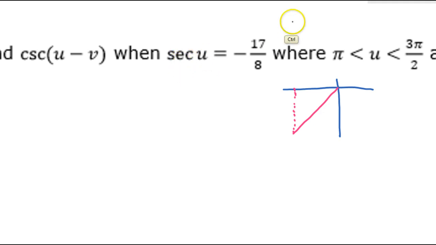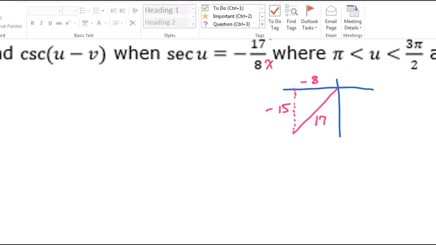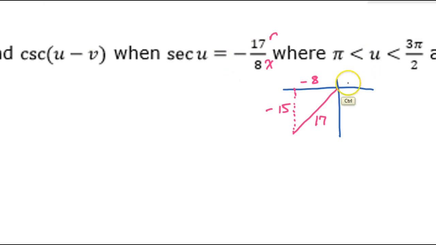And cosine is x over r. So that means that this is r over x. So that means the radius is 17, and this x value is negative 8. And I need the y value. A little Pythagorean theorem, and you're going to find that this is 15. Well, negative 15, because of the quadrant, and this is down. So I have x, y, and r. So keep in mind always that this is angle U, so I'm just going to label that really clearly so I don't get confused later.